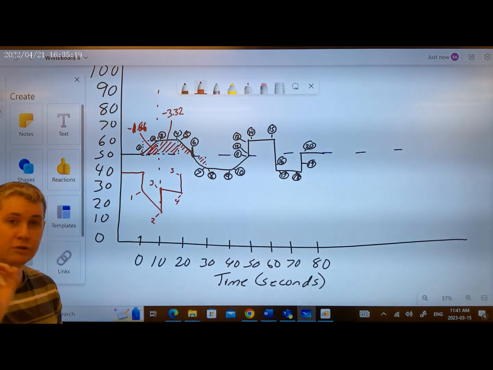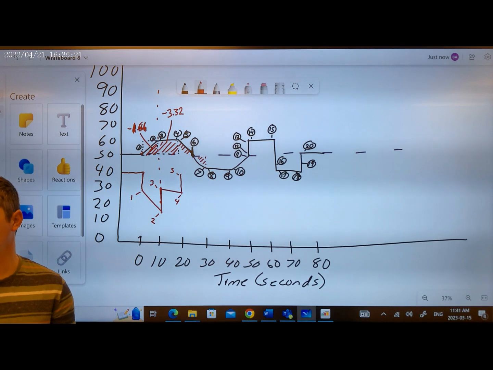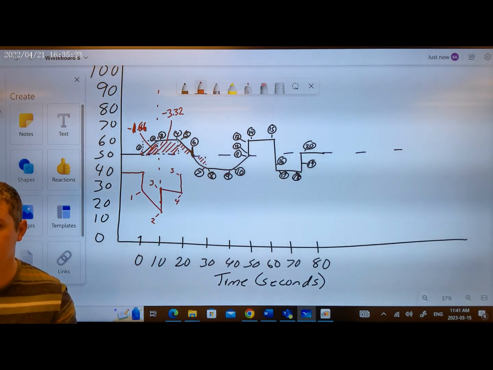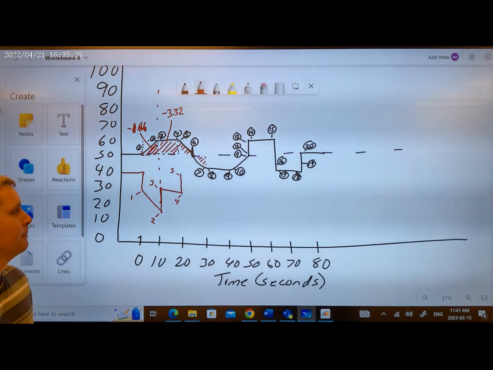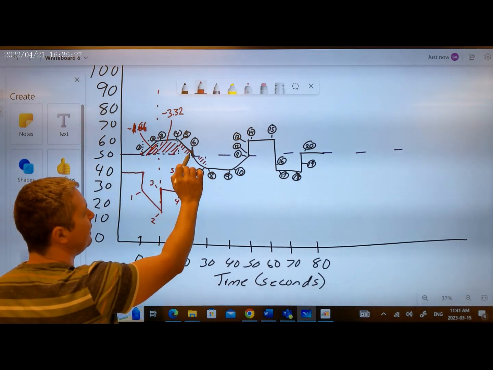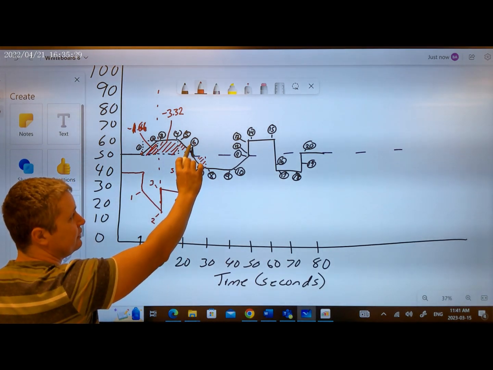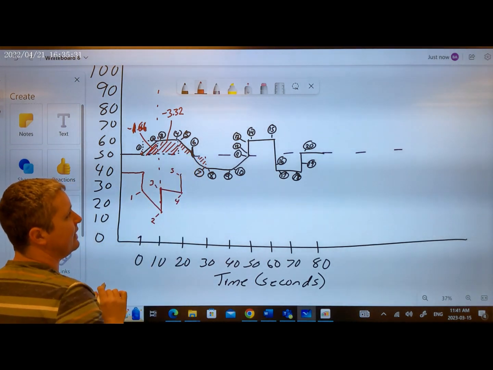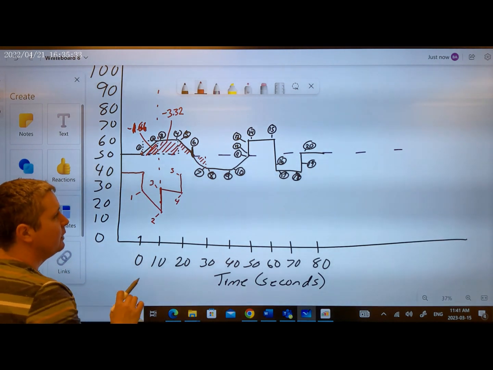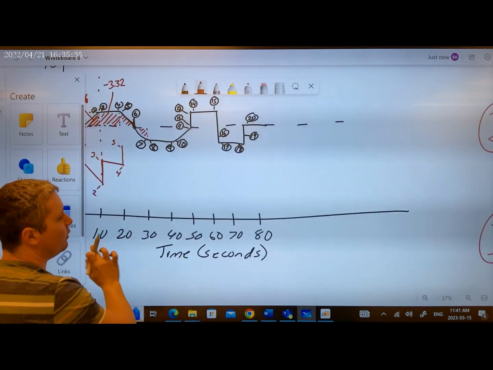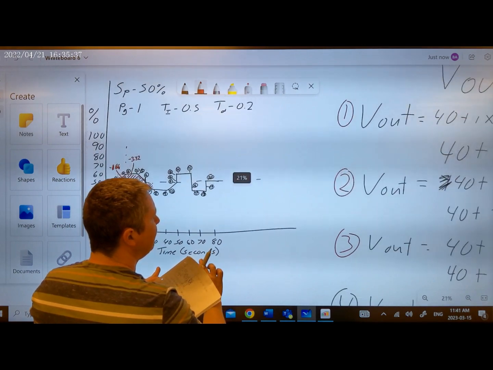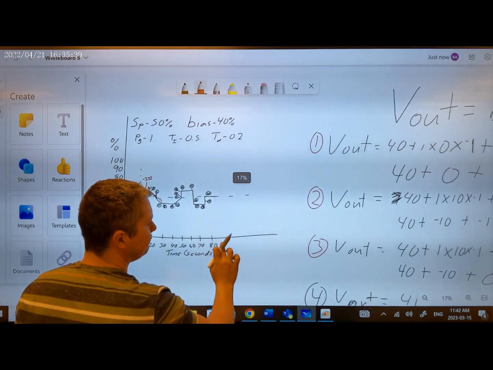And those will be two different integrals, right? Obviously, one's going to be positive and one's going to be negative. So the first thing we're going to do is calculate position 6, right at the set point of 50. So obviously, our error is now going to be 0.